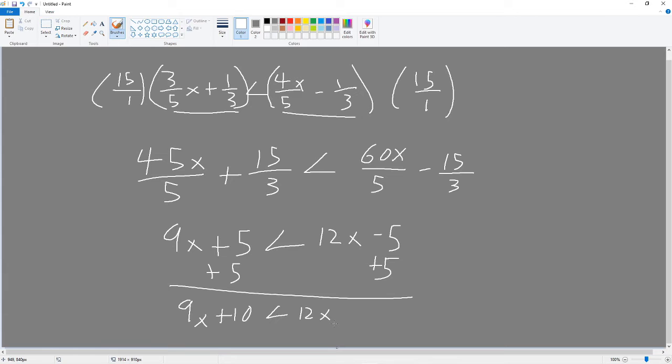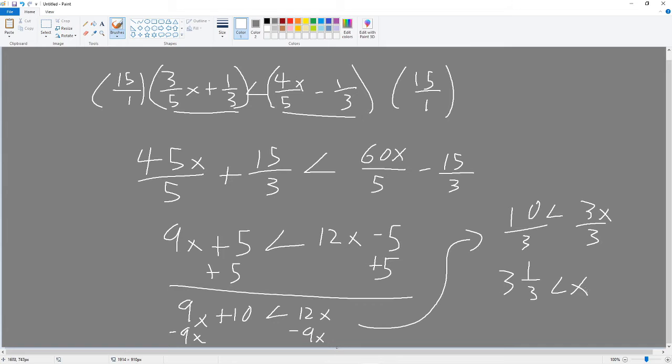Then subtract 9x, and you get 10 is less than 3x. Divide by 3, divide by 3. So 3 and 1/3 is less than x, or in other words, x is greater than 3 and 1/3.